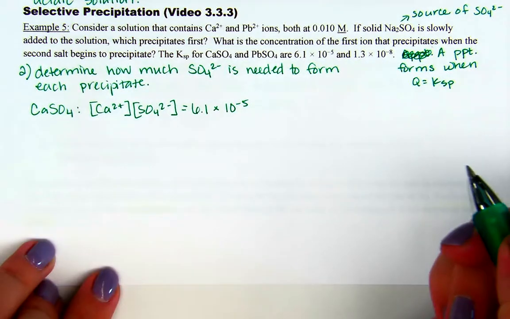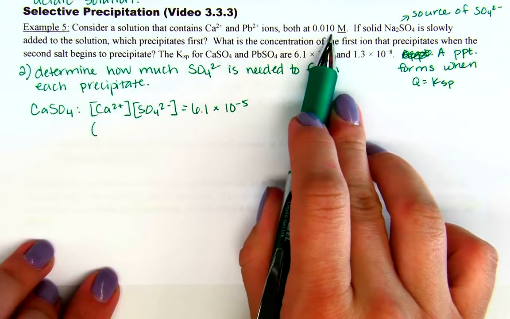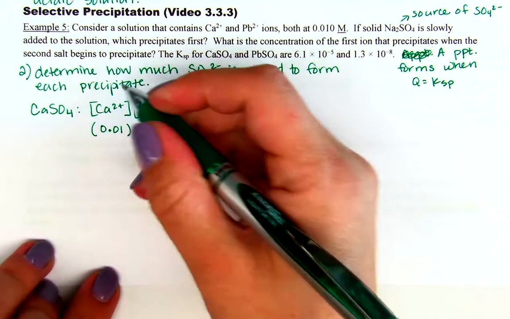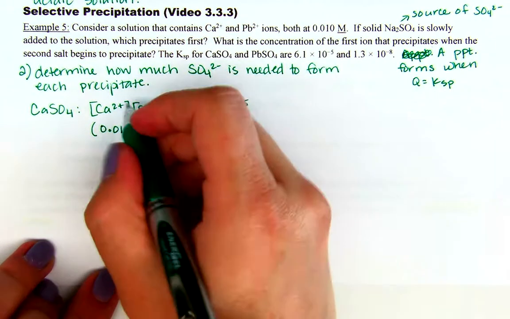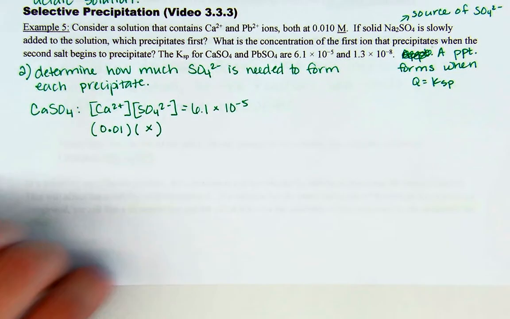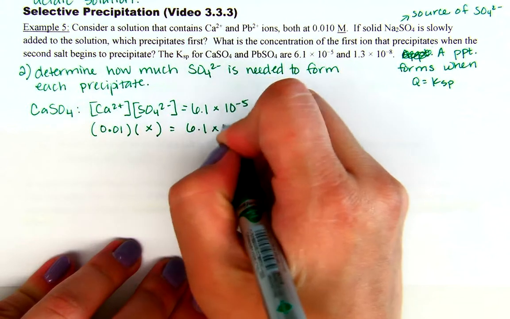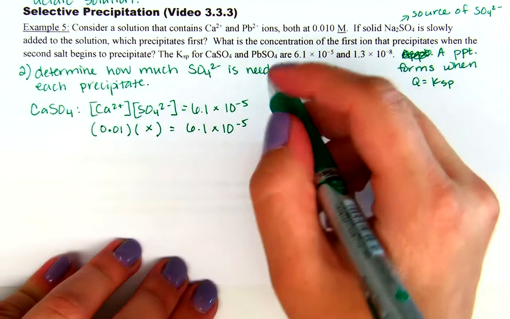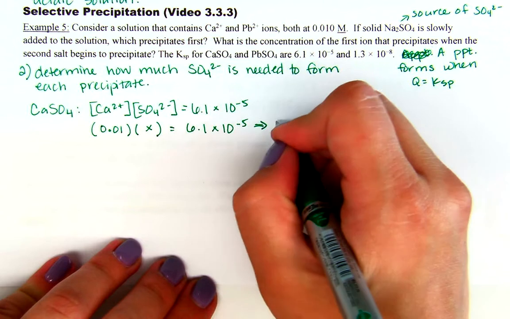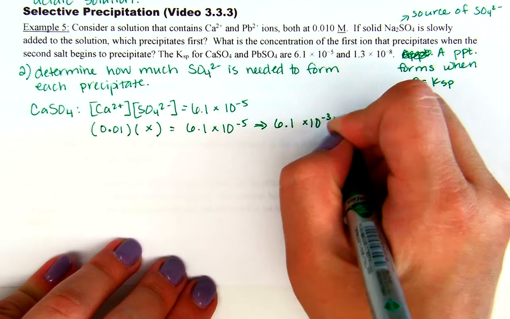So plugging in these numbers here, the calcium concentration is 0.01 molar. And the sulfate, well, we don't know. We're trying to figure out how much sulfate we need to add, so that's our X. 6.1 times 10 to the negative 5 equals 0.01 times X, and if you plug this into your calculator, you should get 6.1 times 10 to the negative 3 molar.